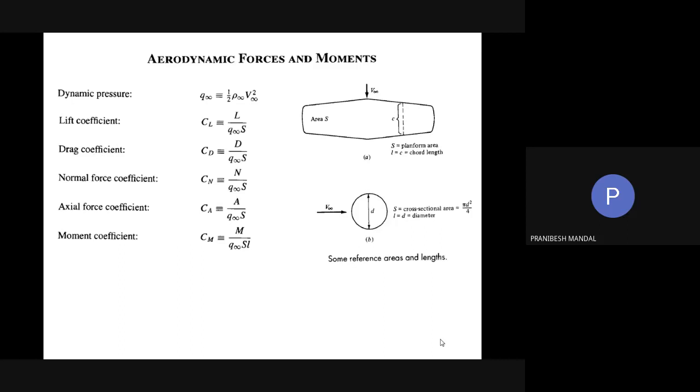And for this particular aerodynamic model, V infinity is the free stream velocity, rho infinity is the free stream density, and Q infinity is the free stream dynamic pressure. Is it okay to you?